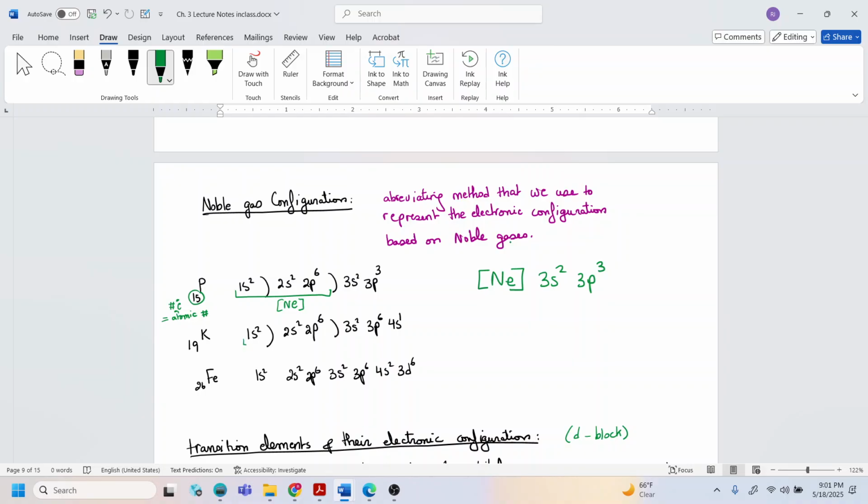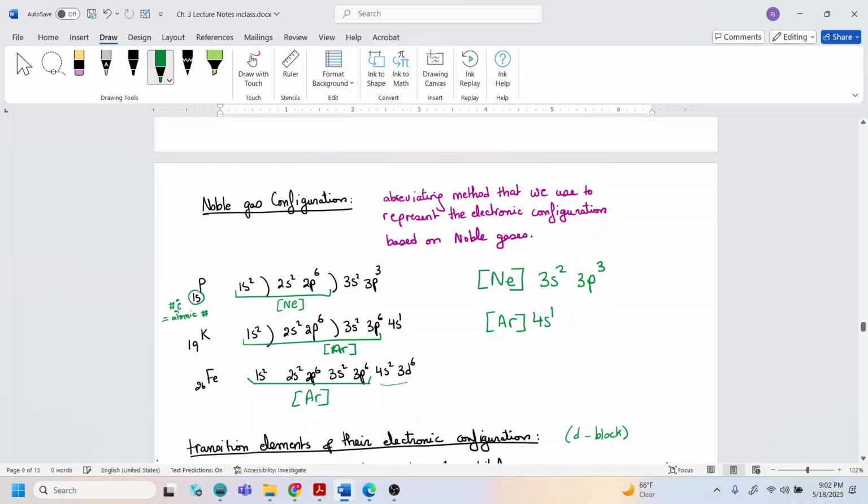Same thing for potassium. This whole thing is the same as the configuration of argon, not krypton. So potassium has the same configuration as argon in addition to 4s1. Iron is the same thing. All of those until the 3p6 is also the same as the electronic configuration of argon.